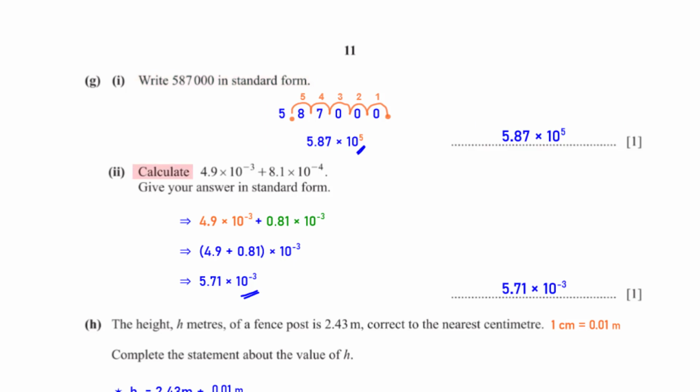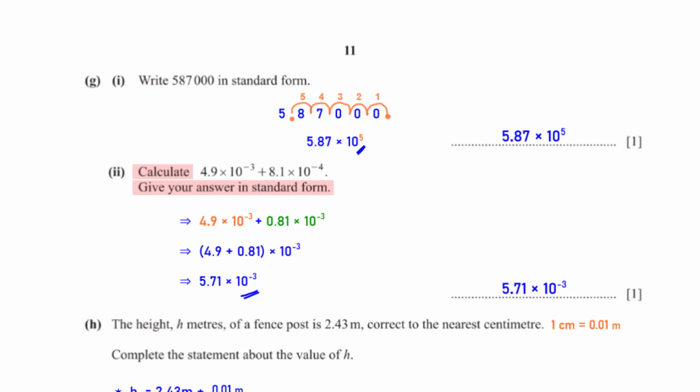Calculate 4.9 times 10 raised to the power -3 plus 8.1 times 10 raised to the power -4. Give your answer in standard form. One way we can go about this is to type the given expression into the calculator, get an answer, and use the method from the previous solution to convert it to standard form. The approach we have here requires that we first convert 8.1 times 10 raised to the power -4 to have a power of -3.